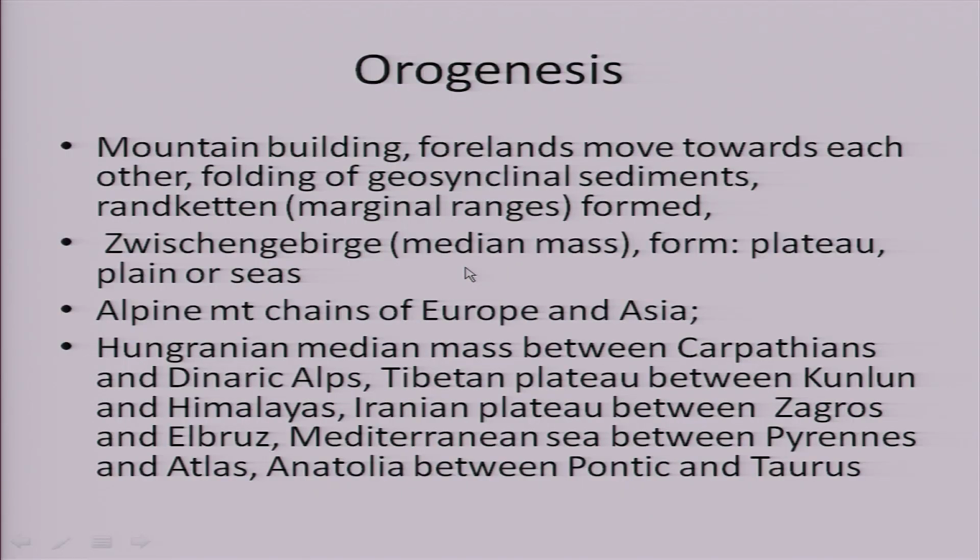He gave this terminology for the median mass or central area which is not folded, though it is uplifted, a kind of tableland. The marginal areas of the geosynclines which underwent folding were called Randketten by him. So, these are the terminologies you should remember: Zwischengebirge, the median mass which is not folded, in the form of a plateau or tableland, and Randketten, which are the marginal ranges.